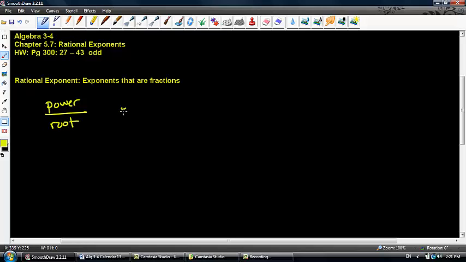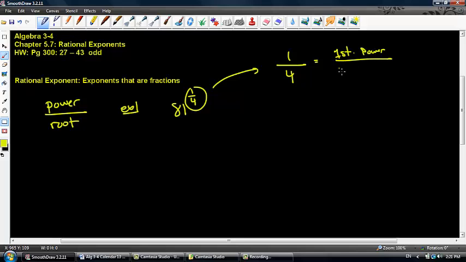So if I gave you an example of this and said 81 to the 1/4 power, take a second, just examine 1/4 here. What that's saying is that we're taking 81 and raising it to the first power, and we're going to take the fourth root of that number as well.